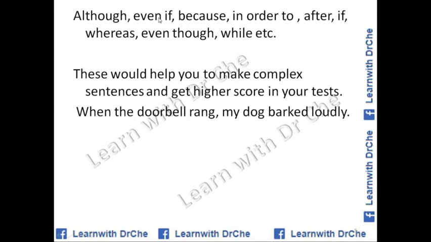For example: although, even if, because, in order to, after, if, whereas, even though, while. They help you make complex sentences when you use at least one subordinating clause and at least one independent clause. Then the sentence is called a complex sentence.